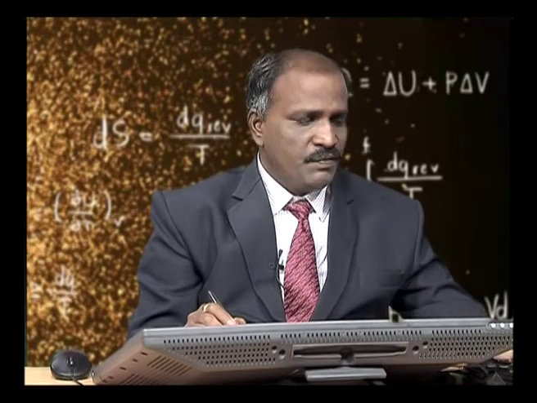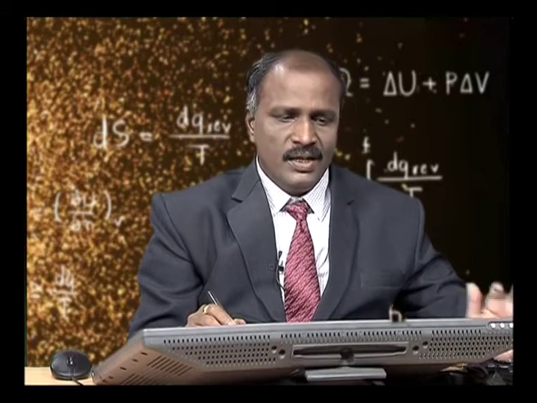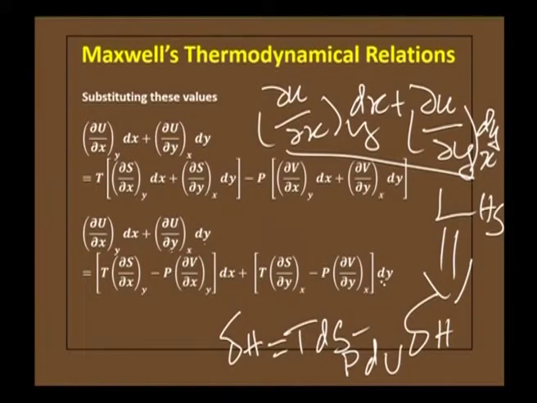So, comparing the coefficients of dx and dy, let us now see what is the coefficient of dx in the left hand side of this equation. The coefficient of dx on the left hand side is ∂u/∂x into dx, which is equal to T into ∂s/∂x at constant y into dx, plus T into ∂s/∂y at constant x.